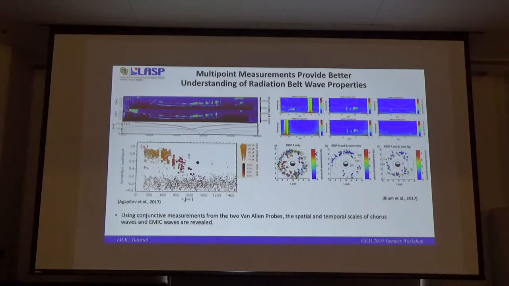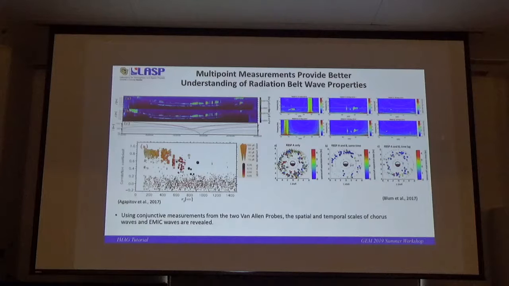On the other hand, multi-point measurements also provide better understanding of radiation belt wave properties. So here are just two examples. The first one is conducted by Agapitov et al. in 2017. They used conjunctive measurements from the two Van Allen Probes to conduct a statistical analysis on the spatial and temporal scales of chorus waves.